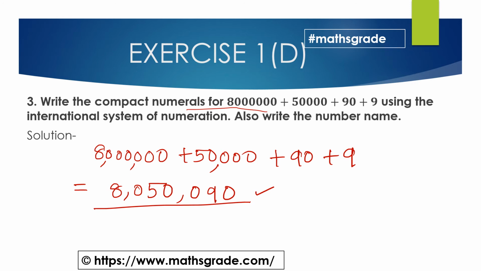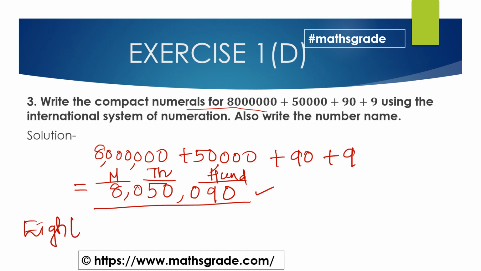This will be the numerals of the international system of numeration. It will be 8. This is the billions place, this is the millions place, and this is the thousand place, and this is the hundreds place.